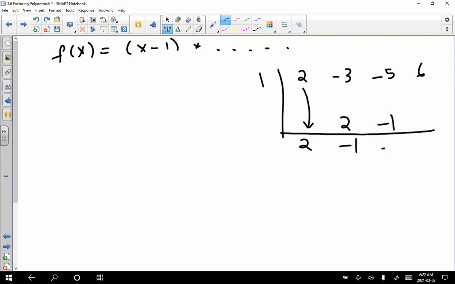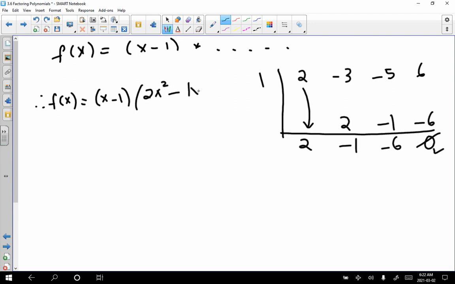Add these two, you get -6. 1 times -6 is -6. Add 6 minus 6, and you get 0, which is great. So therefore, f of x equals x minus 1 times, well, this is our quadratic, 2x squared minus x minus 6.